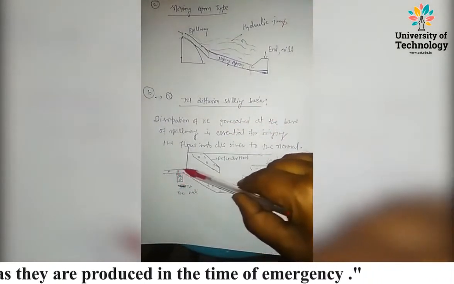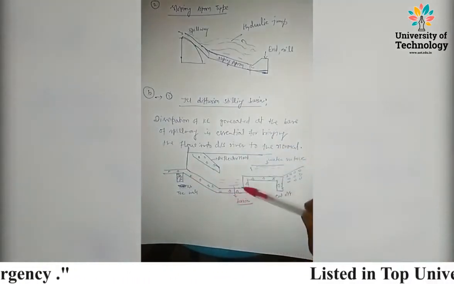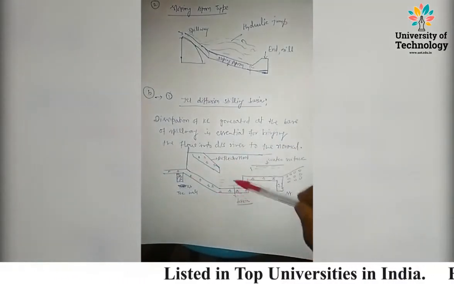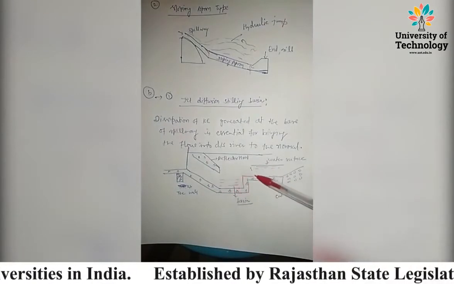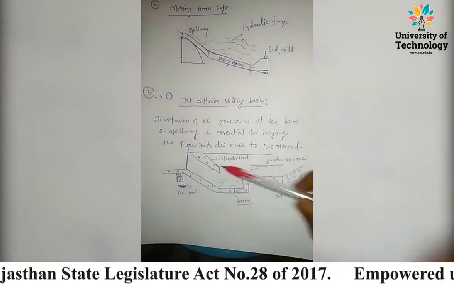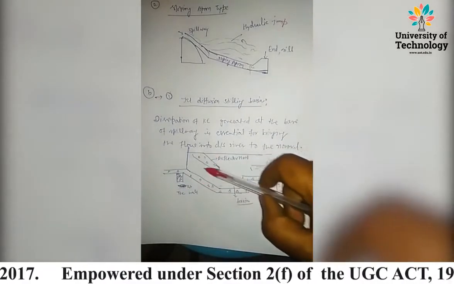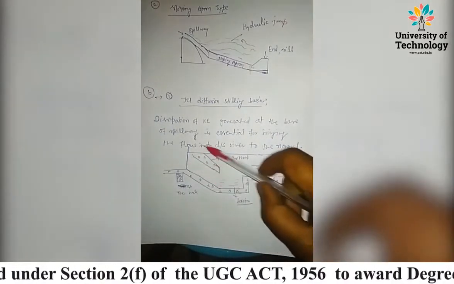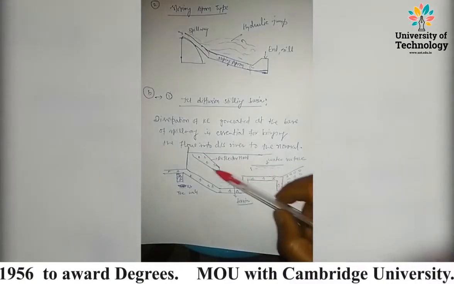So this is the concrete structure, and this is the basin where water collects and jumps through the phenomenon of hydraulic jump. This is the cutoff. This is the toe wall. This is the cutoff wall, and there is one special arrangement, that is a deflector hood.